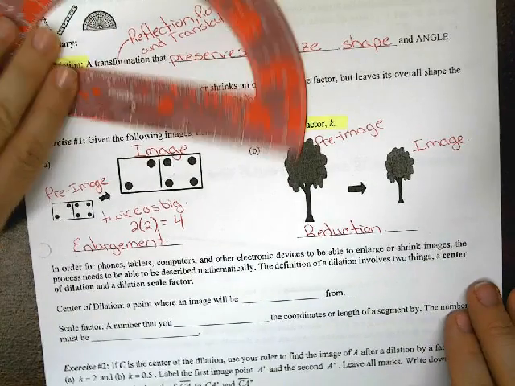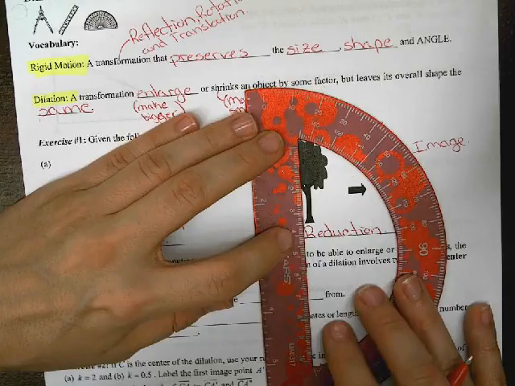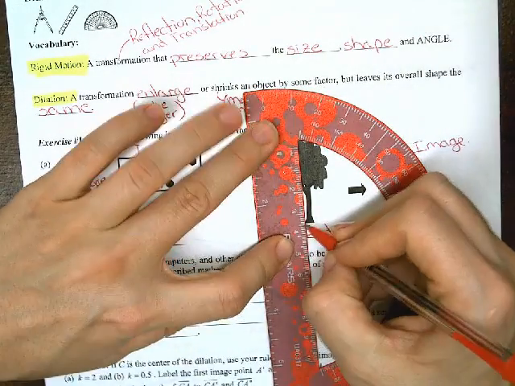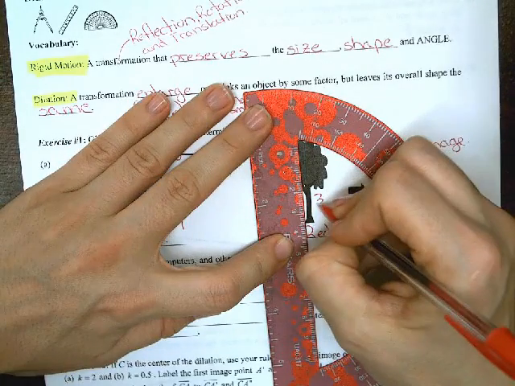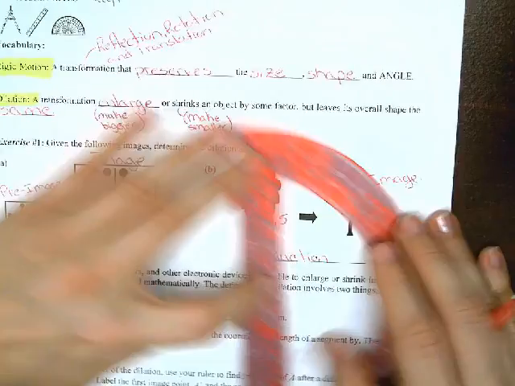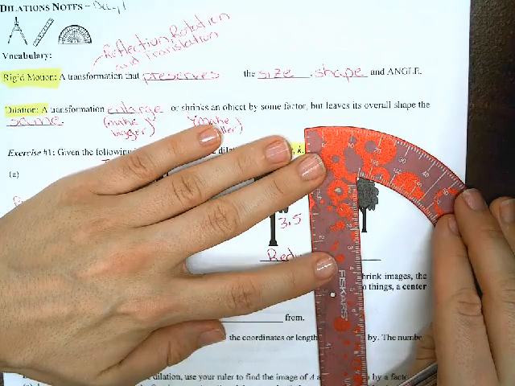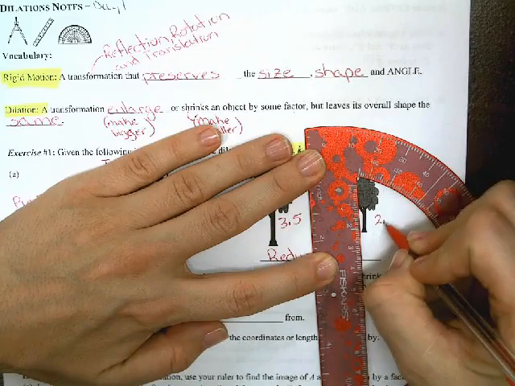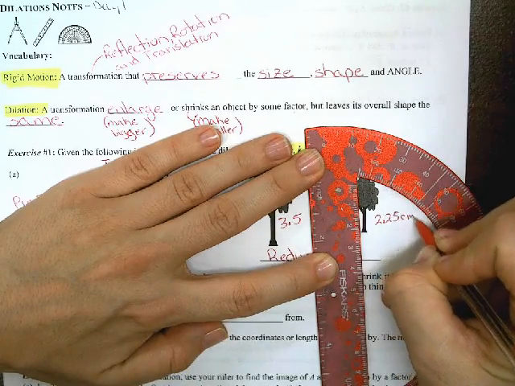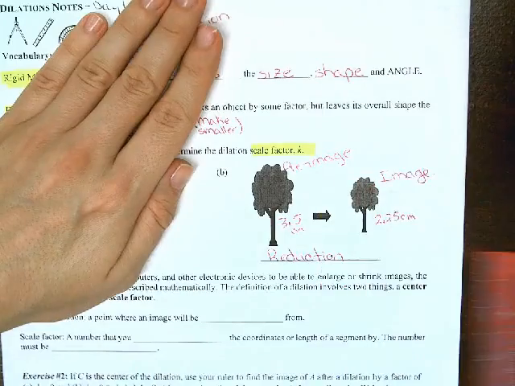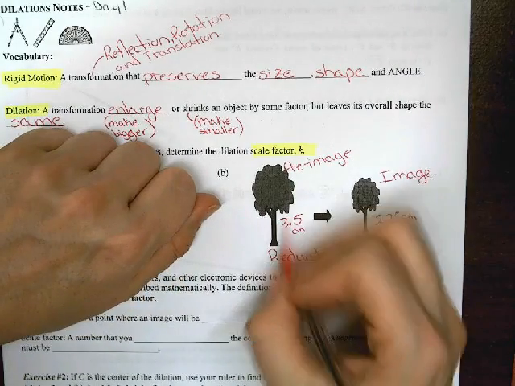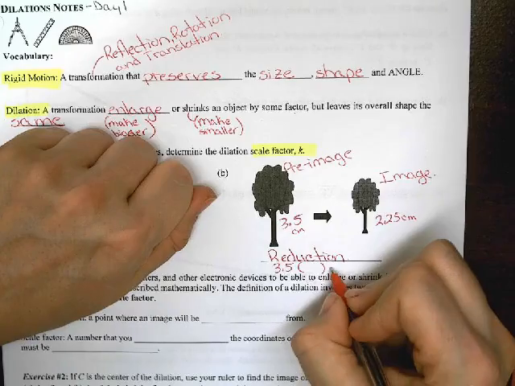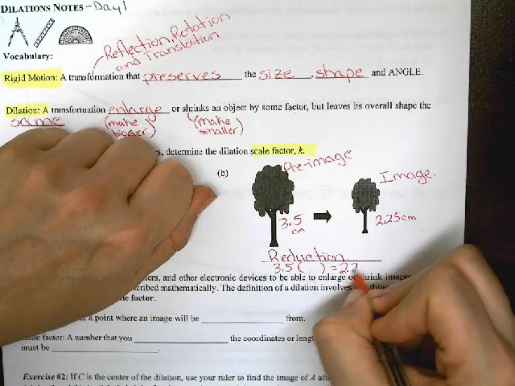Okay. So I can do the same thing here. I'm going to look at the height of the tree. And the height of the tree is about 3.5 centimeters. And then if I look at the other tree, it's about 2.25 centimeters. Okay. What does that mean? That means that 3.5 times whatever the scale factor is needs to equal 2.25.